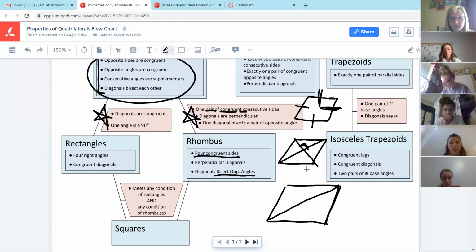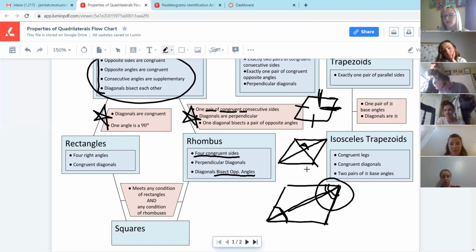So they're going to use these arcs. And then because these angles over here are different angles, they might put 2 arcs and then 2 arcs. You see that? So when you see a single arc on one side and then double arc on the other side, that's saying that this line right here cut those opposite angles exactly in half.